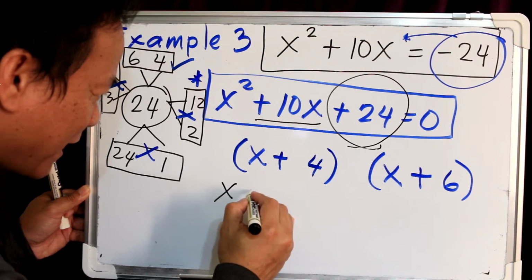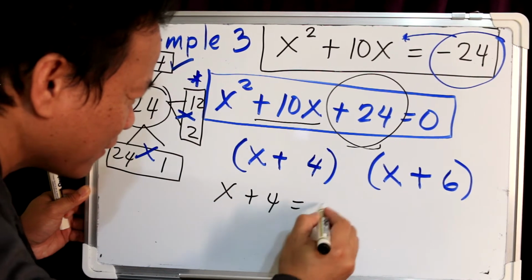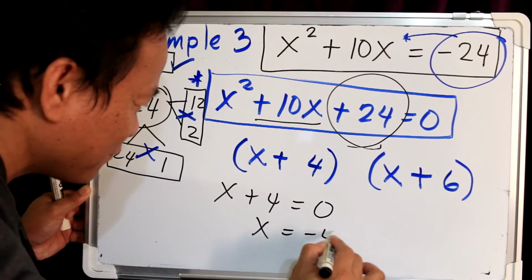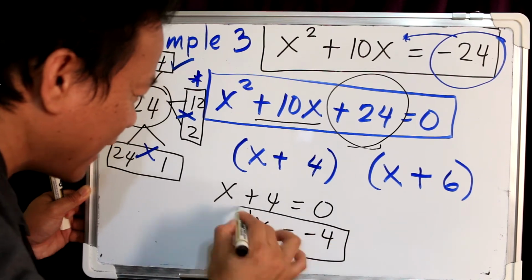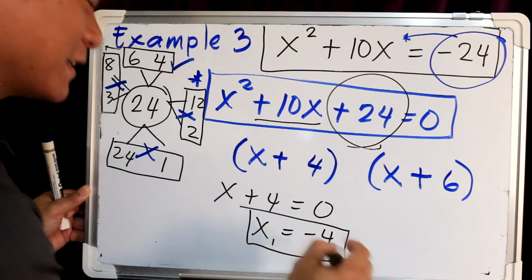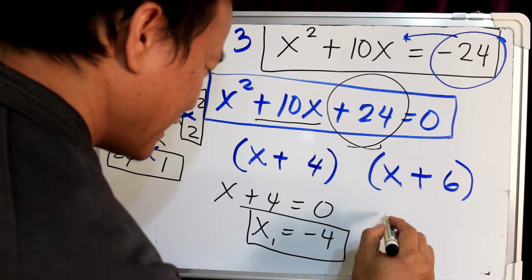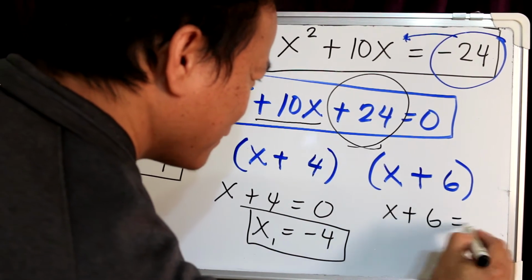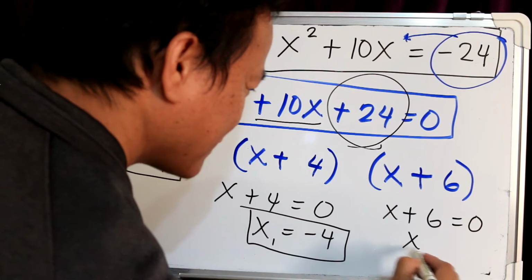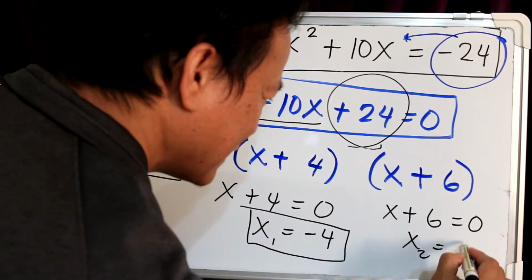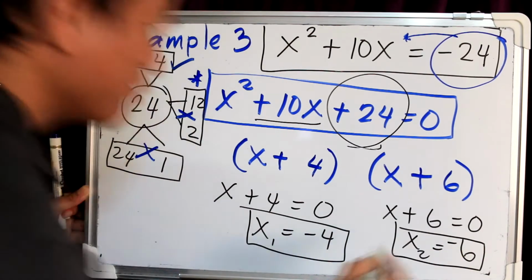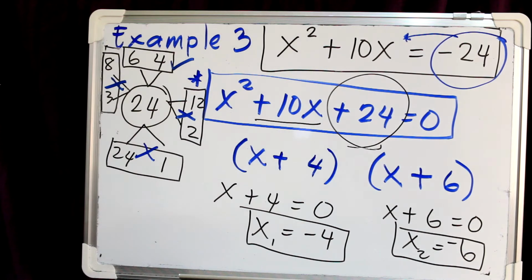So we have x plus 4 equal to 0. That means x equals negative 4, or the x sub 1. So x plus 6 equals 0. This means x sub 2 equals negative 6. Alright, so the solution is negative 4 and negative 6.